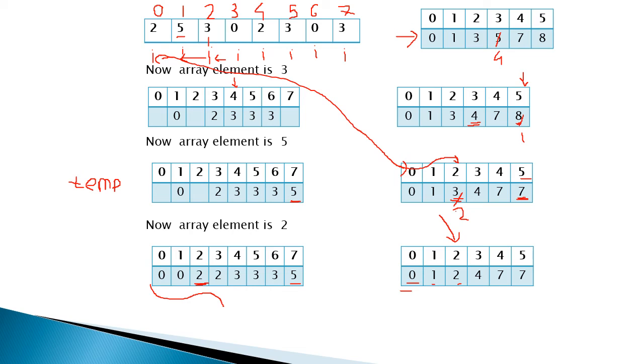This is the example of the array. We will see how we write down the code for this logic, that is store that value into one temporary array, and after that that temporary array will be copied into our original array.